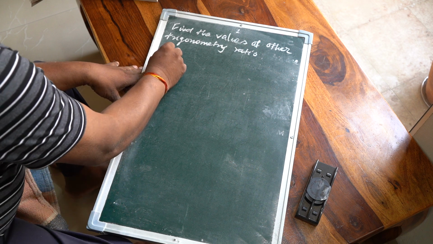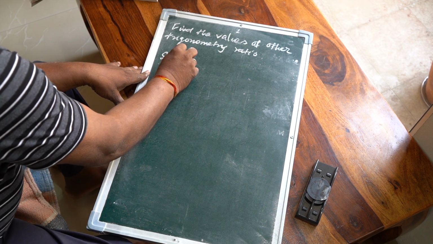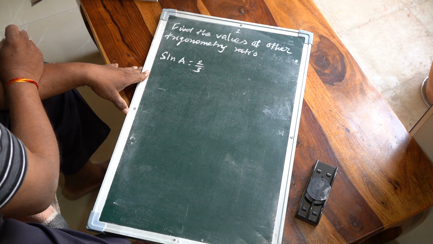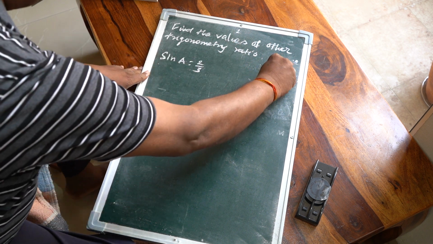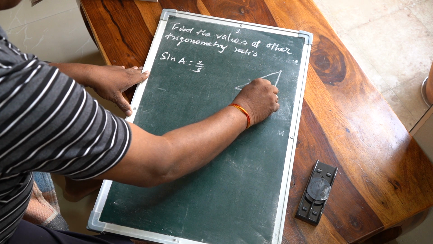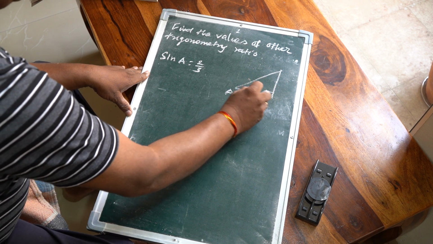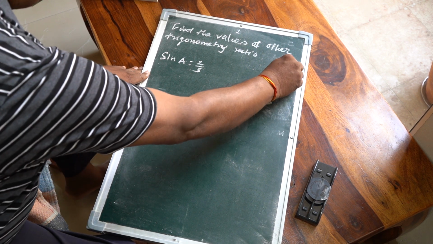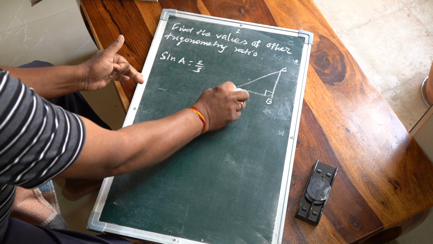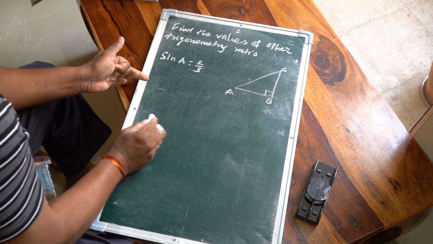See, what is given? Sin A is equal to 2 by 3. This is the triangle with a 90 degree angle, and the angles are A, B and C. Now sin A equals 2 by 3 is given.